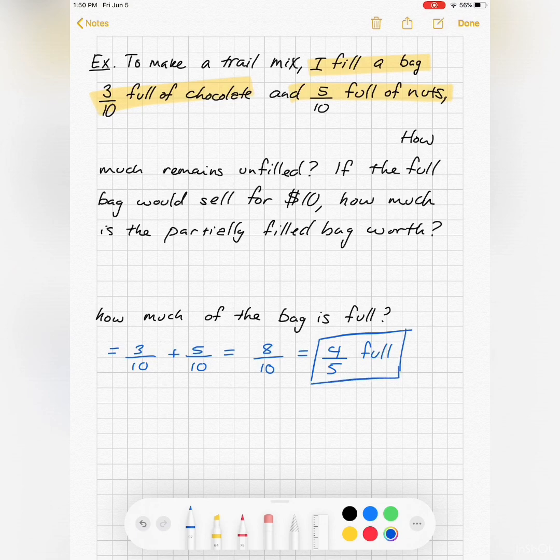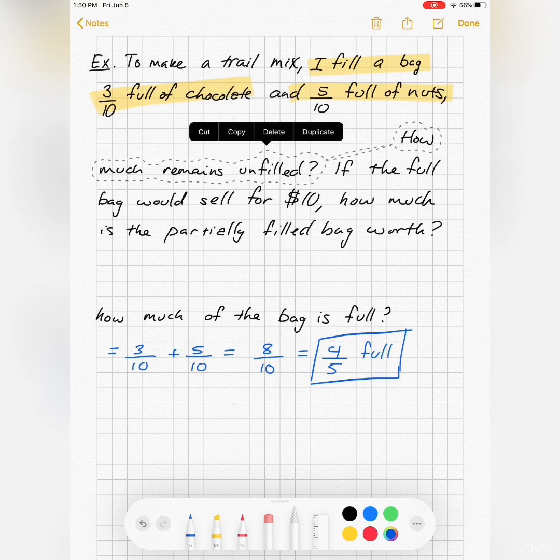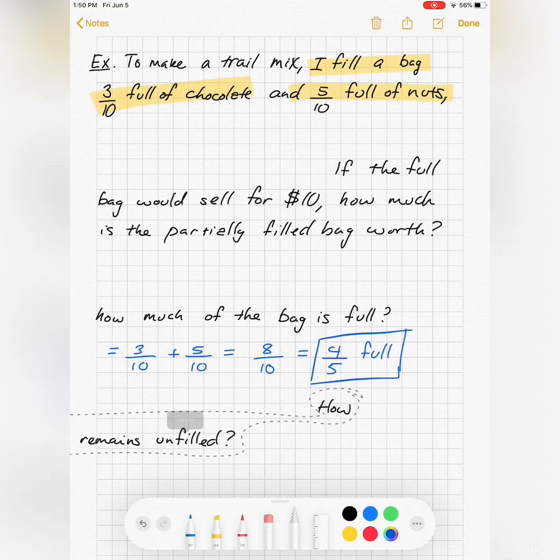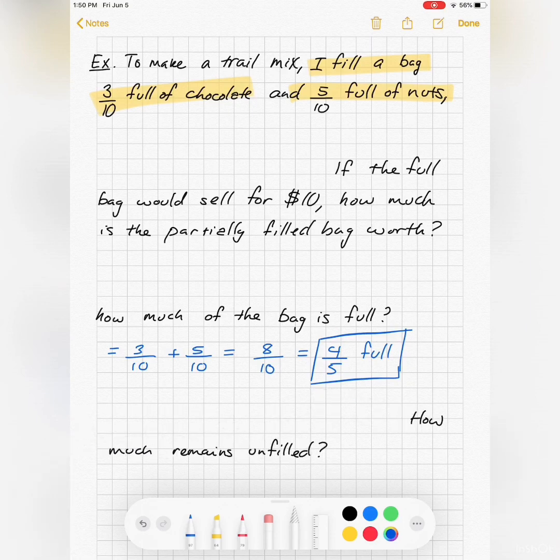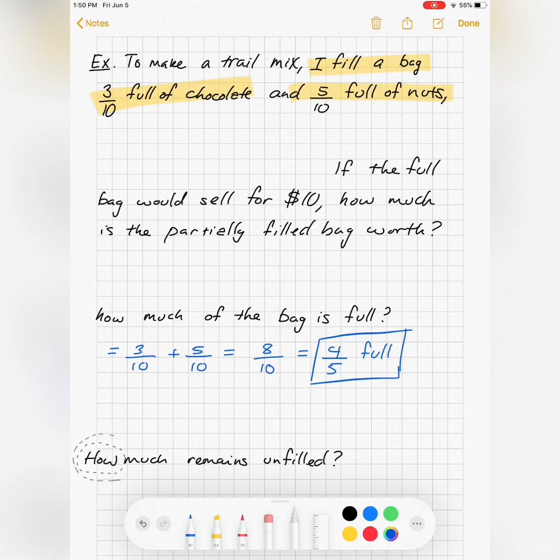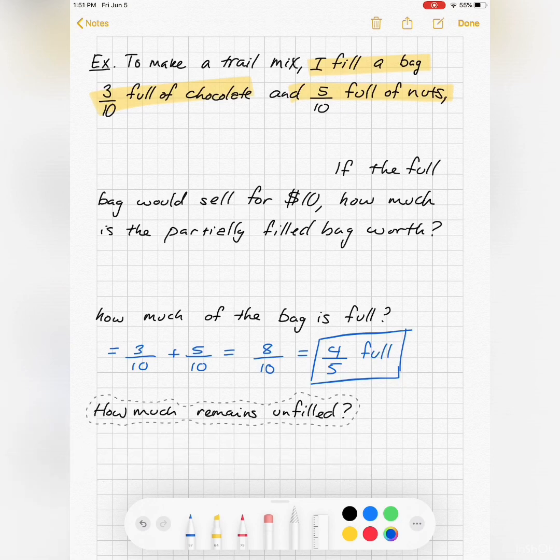Okay. How much remains unfilled? Okay, well, the whole bag is one whole bag, right?